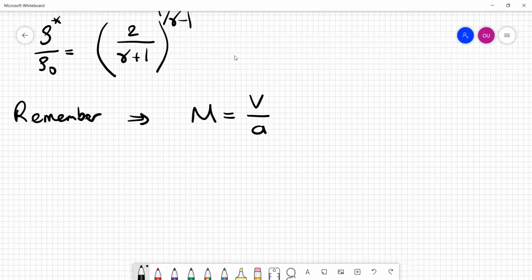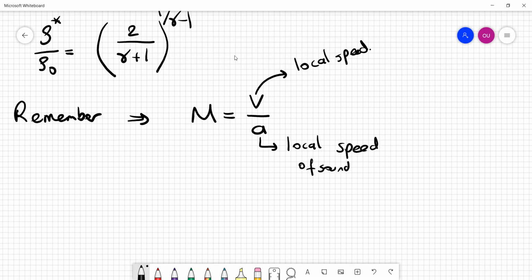This is the local flow velocity, the magnitude of flow velocity, the local speed. And this is also the local speed of sound.